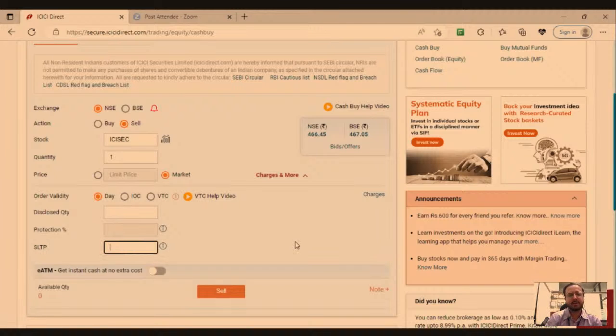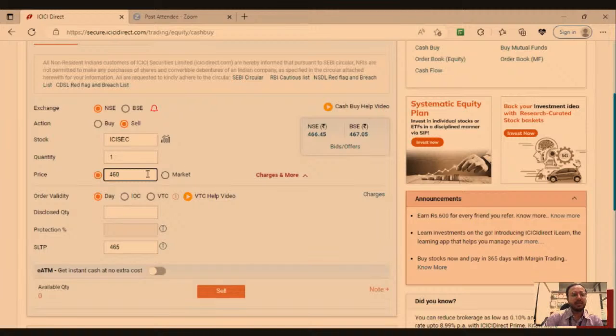So how much am I willing for it to drop? I am okay if it goes till 465. If ICICI Securities opens at 465, I want the order to be sent to the exchange, but I don't want it to be sold beyond, say, 460.